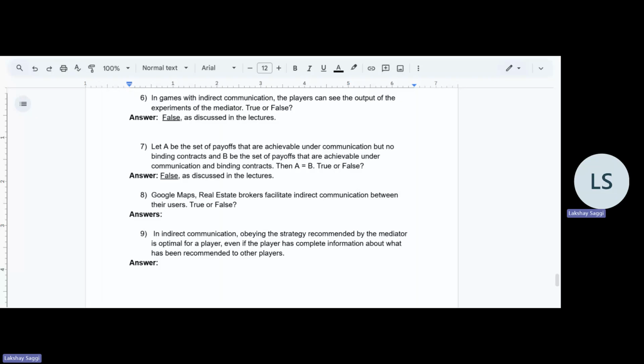Similarly, any person residing in flat 1B will not want any other person to come into flat 2B. So what the real estate broker might do is tell one person to move into flat 1A, and independently tell the other to move into flat 1B. This kind of indirect communication is facilitated by real estate brokers, and it might increase the overall utilities for everyone. So this is true.